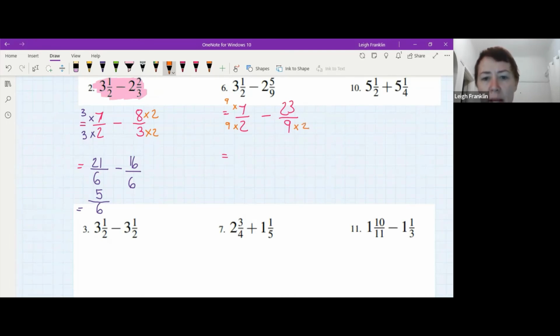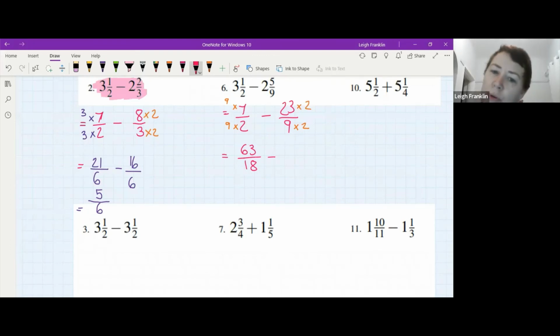Okay, and what am I going to multiply the top by? 2. Lovely. All right, so now my first fraction is going to be what? 63 over 18. Lovely, 63 over 18. So 9 times 7 is 63, and 9 times 2 is 18. Lovely, and now do the next one for us.